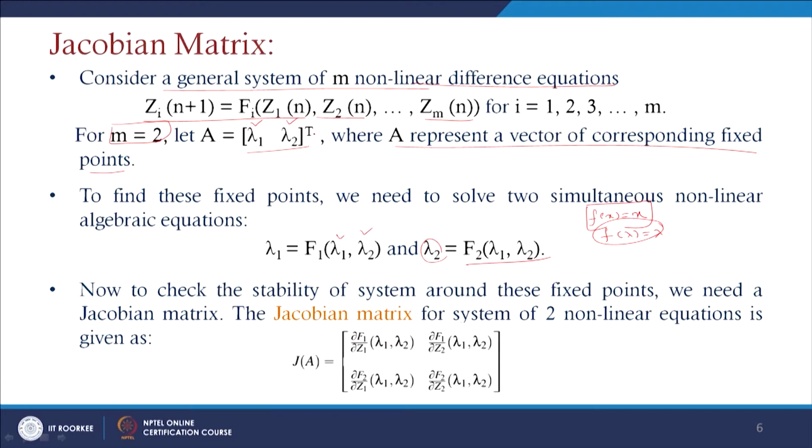The Jacobian can be written with the first order differences: f1 with respect to lambda 1, f1 with respect to lambda 2, then f2 with respect to lambda 1, and f2 with respect to lambda 2. Since the variables used are z1 and z2, we represent this differentiation with respect to z1, since f1 is the first function here, then f1 with respect to z2, f2 with respect to z1, and f2 with respect to z2.